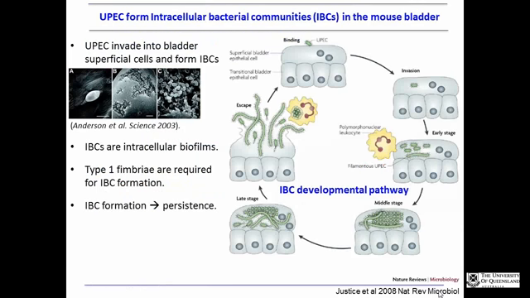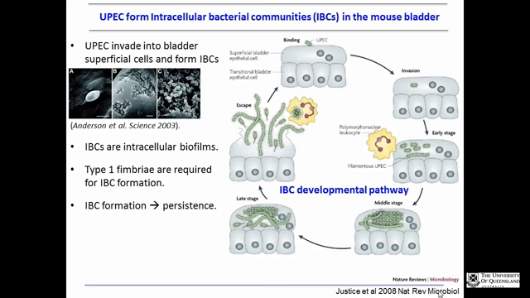Okay, so in the literature, it's been well described that when UPEC colonise the mouse bladder, they go through a pathway that involves intracellular biofilm formation. So I'll just take you through a cartoon describing that. The UPEC cells or bacteria bind to the surface of the epithelium in the bladder by way of type 1 fimbriae.